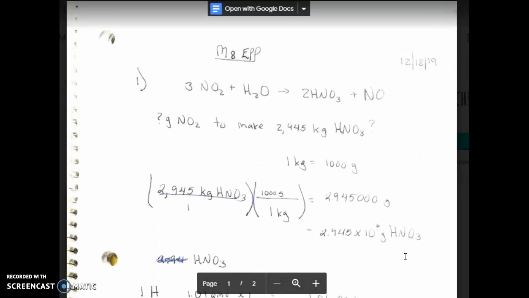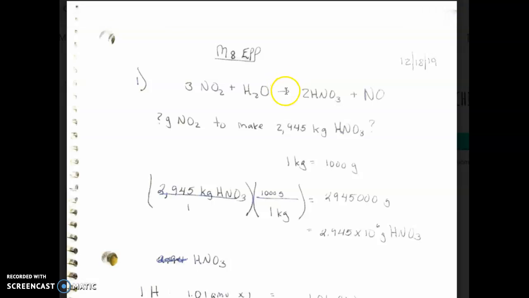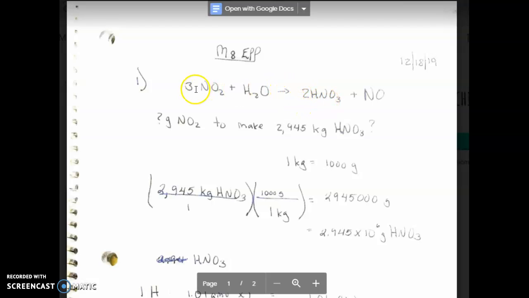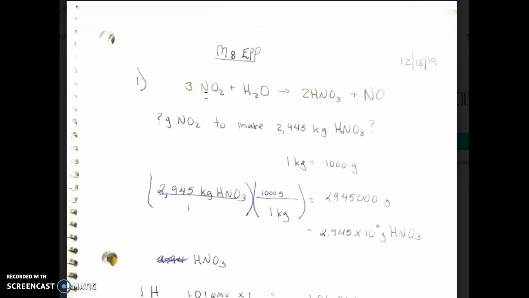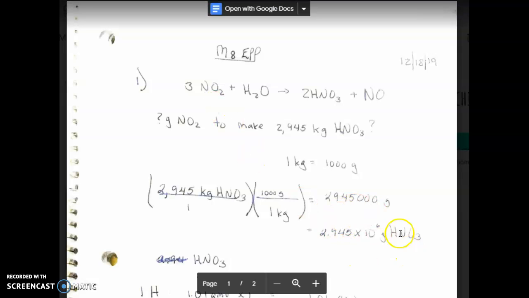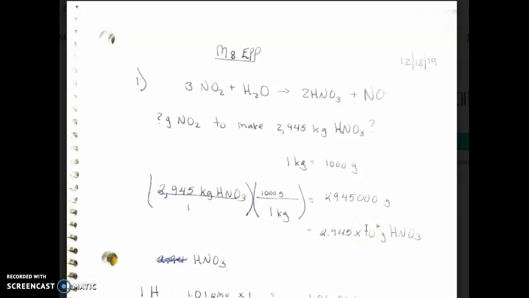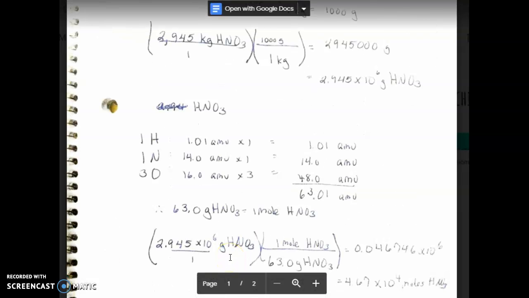Now, in order to relate nitric acid with nitrogen dioxide, we have to find out how many moles are contained in this sample of HNO3. We do that by finding another conversion factor, and to do that we have to find the molar mass of HNO3.